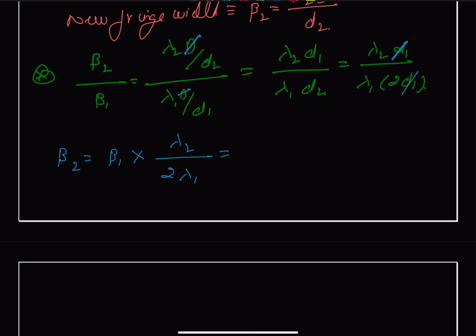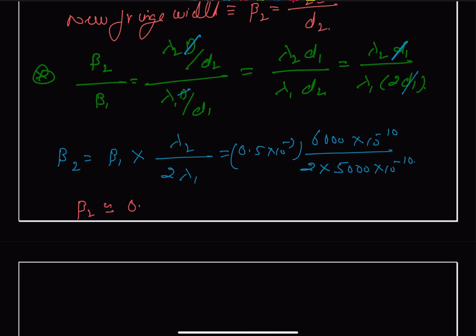We already know all these values. We substitute them: beta 1 is our 0.5 into 10 to the power minus 3, and lambda 2 is our 6000 into 10 to the power minus 10, upon twice into lambda 1, which is our 5000 into 10 to the power minus 10, and we get that our beta 2 will be approximately equal to 0.3 millimeters.